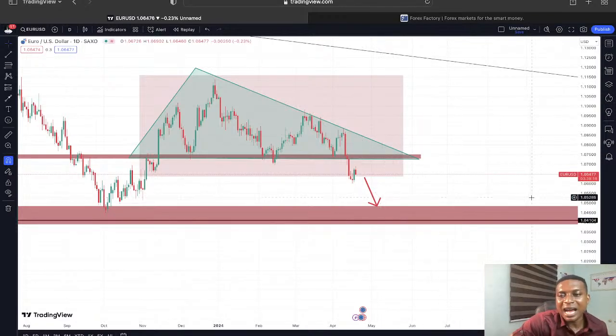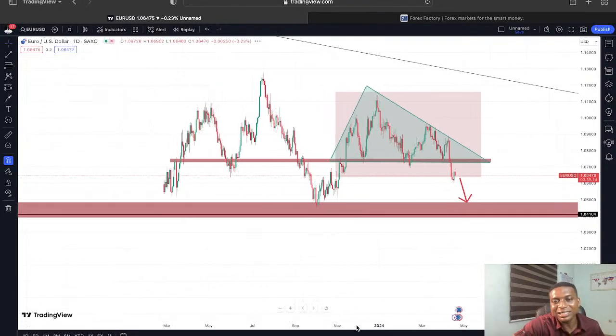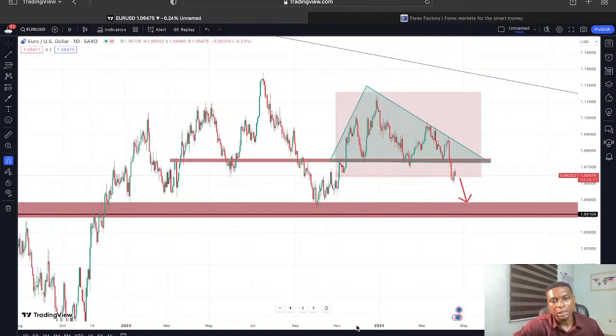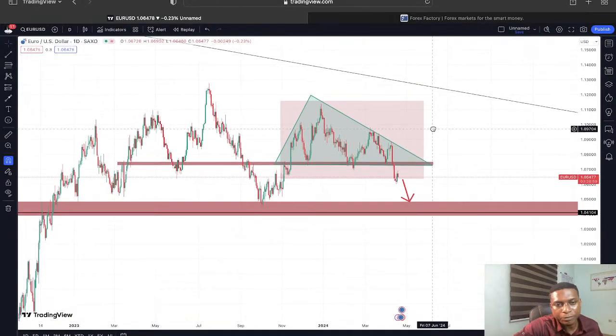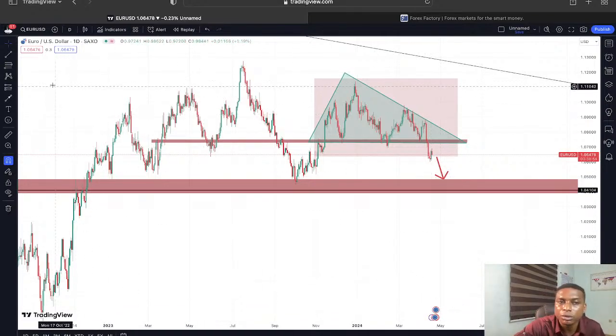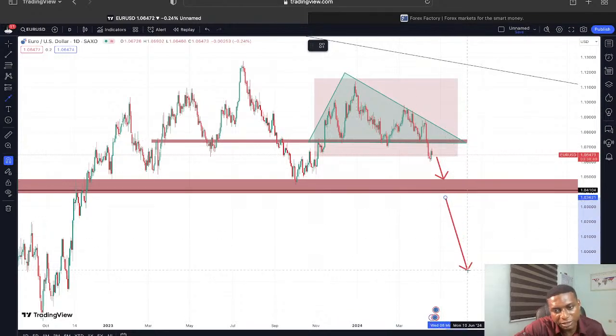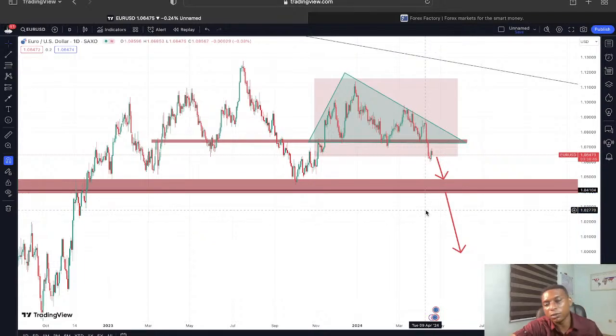From this support level there would now be another significant decision that would be made. You know why? Because if price breaks out of this support level, you know what that means? A continuous fall in price. Definitely a continuous fall in price.